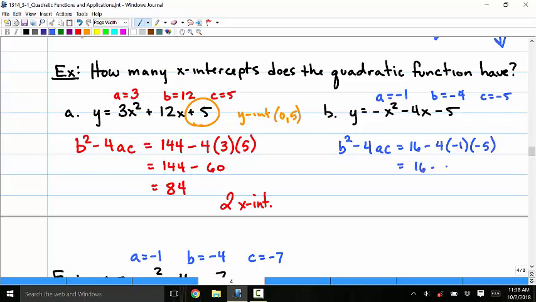I get 16 minus 20, which is negative 4. How many x-intercepts will I have? None. Quickly looking, what is the y-intercept? 0, negative 5. Good.